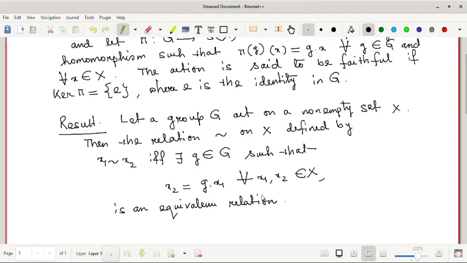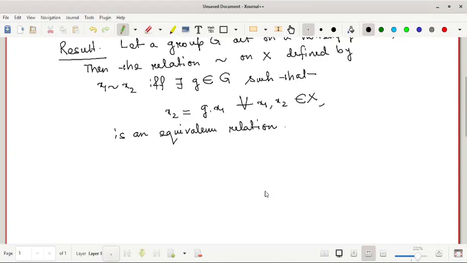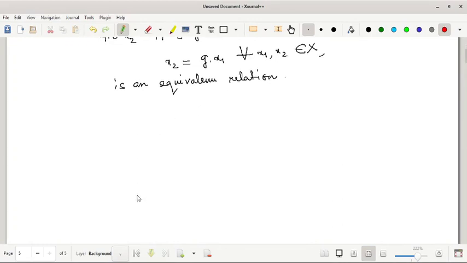Okay. Let us see. I will not write down each and every line of the proof, but I will leave it for you to write it down in your own language. But of course, I will explain how actually it is an equivalence relation. So let's see. It is reflexive. We have to show it is reflexive.